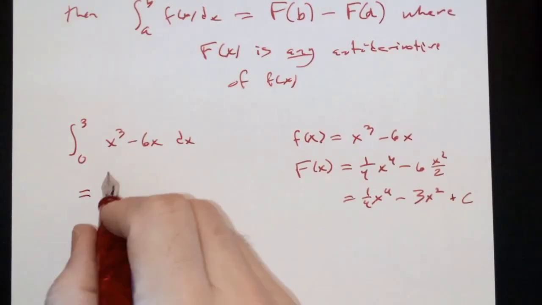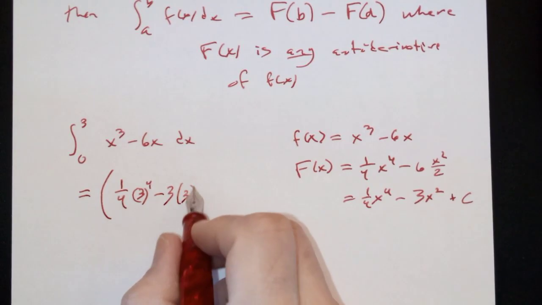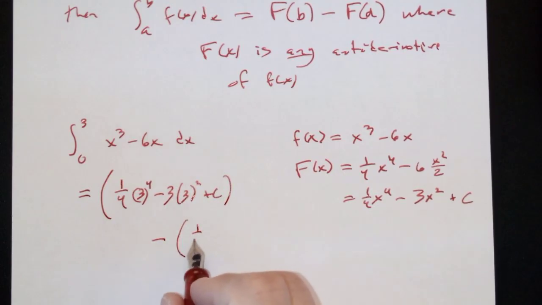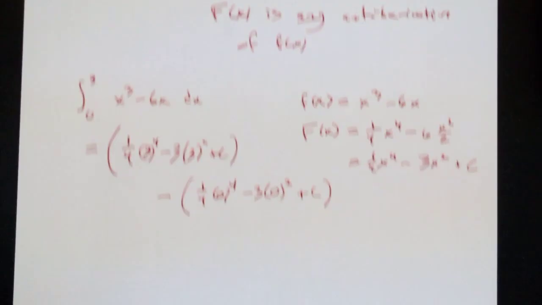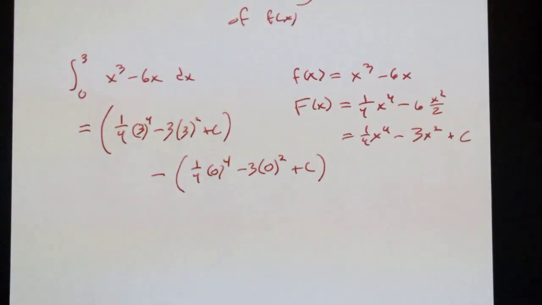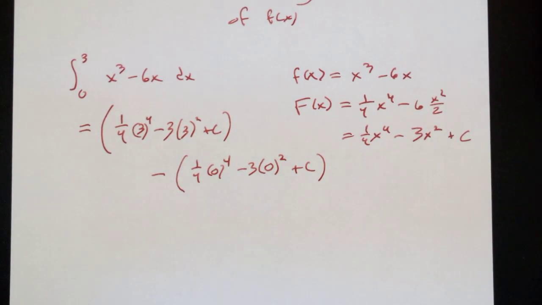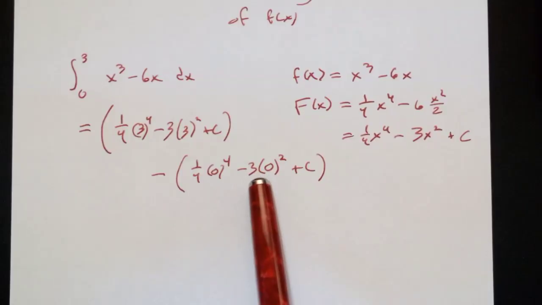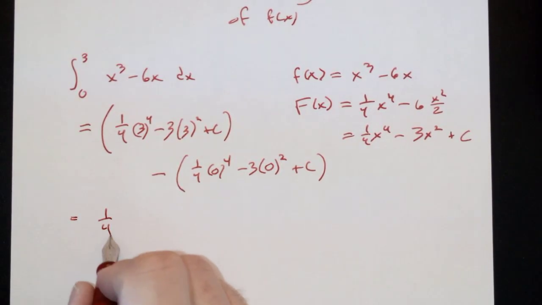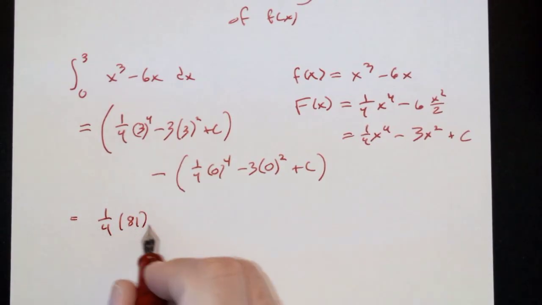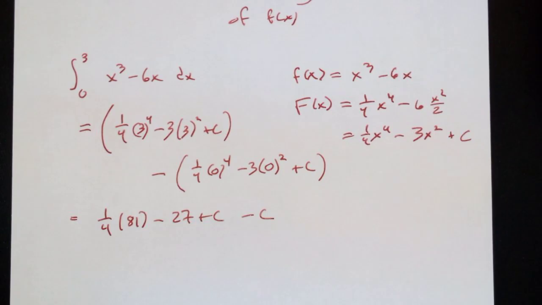So this is equal to 1/4 of 3 to the 4th minus 3 times 3 squared plus C, minus 1/4 of 0 to the 4th minus 3 times 0 squared plus C. In that second set of parentheses, what do I get? 0, 0, C. So the only thing down there is a C. Up here, I get 1/4 of 3 to the 4th, 3 times 3 times 3 is 27, plus C, minus the C's cancel.